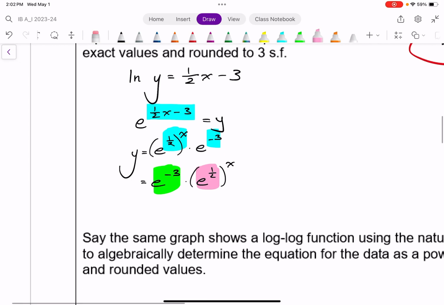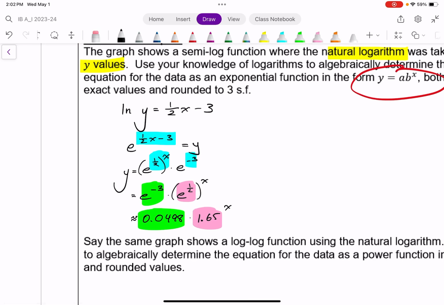And so I now want to evaluate these to three significant figures. For e to the -3, I get approximately 0.0498. And for e to the 1/2, I get approximately 1.65. And that 1.65 is being raised to the power of x. And notice what I have now is an exponential function where 0.0498 is the coefficient, 1.65 is the base of the power of x.